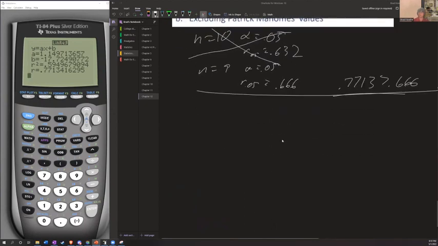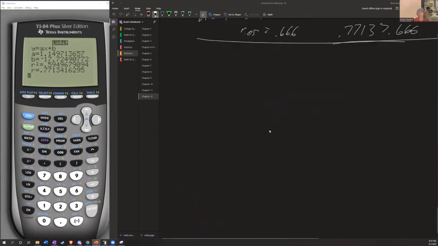Now, if we want to test linear relationship for significance using our hypothesis testing, we will have our things here. And now these are going to be with respect to rho, our population correlation. And our null hypothesis for this is that there is no linear relationship.